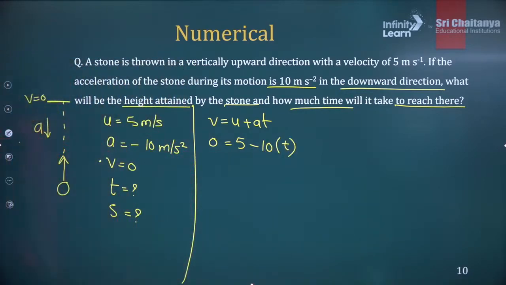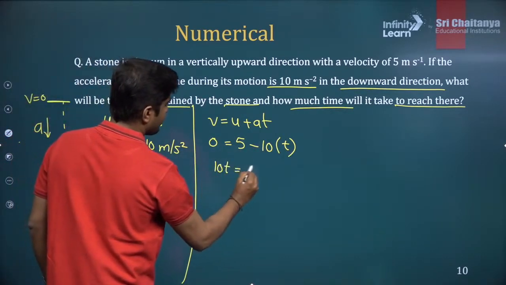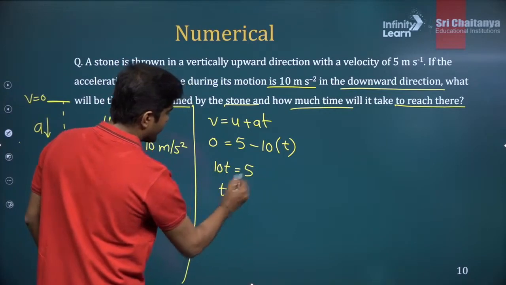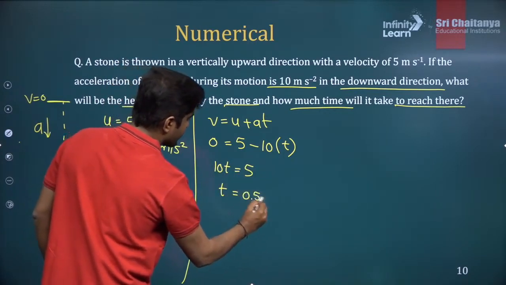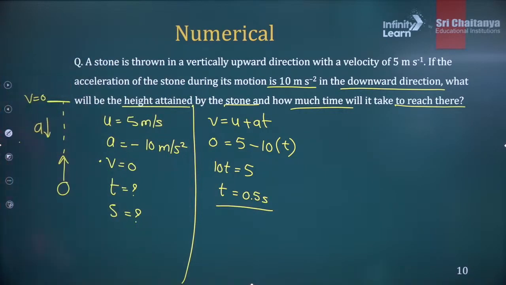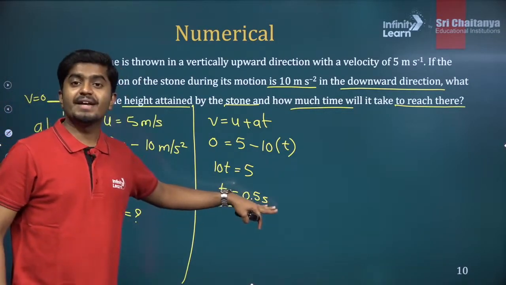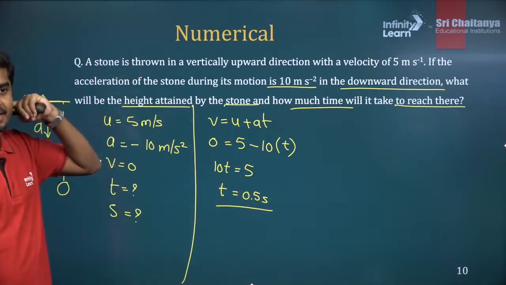So this is 10 times t equal to 5. So time is 5 divided by 10, which is 0.5 seconds. So this is the time. It takes just 0.5 seconds to reach the maximum height.